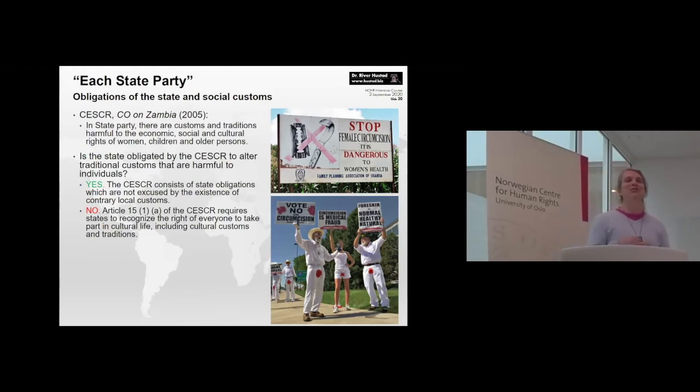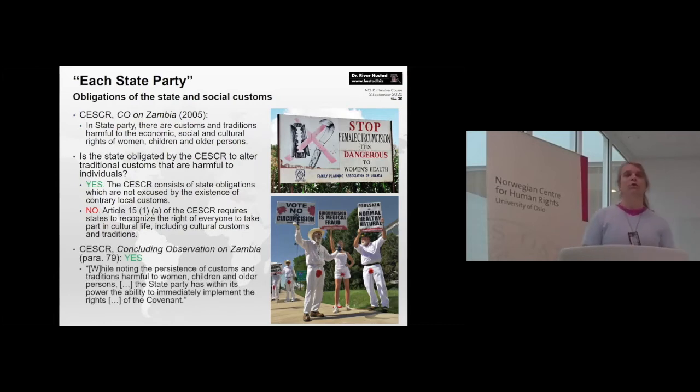So each state party again, we had a question about this on Monday: what about social customs? What is the obligation of the state party towards social customs? Well, in a situation in Zambia, the committee said that while noting the persistence of customs and traditions harmful to women, children, and older persons, the state party has within its power the ability to immediately implement the rights of the covenant.